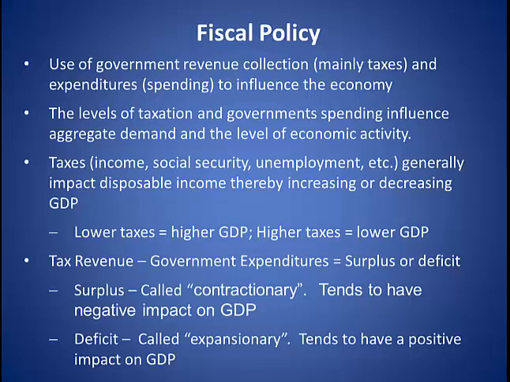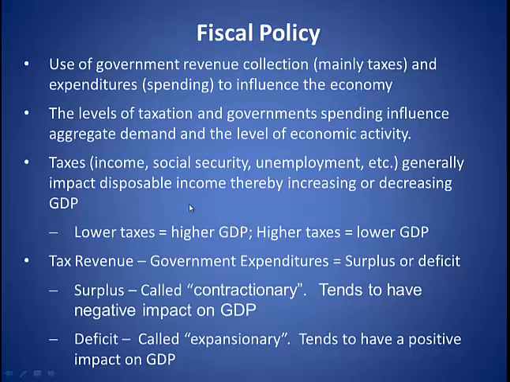When I say revenue collection, that's mainly taxes, and expenditures to influence the economy. So besides running a government, you can use the activities of revenue collection and spending to actually influence the GDP. The levels of taxation and government spending influence aggregate demand and the level of economic activity.